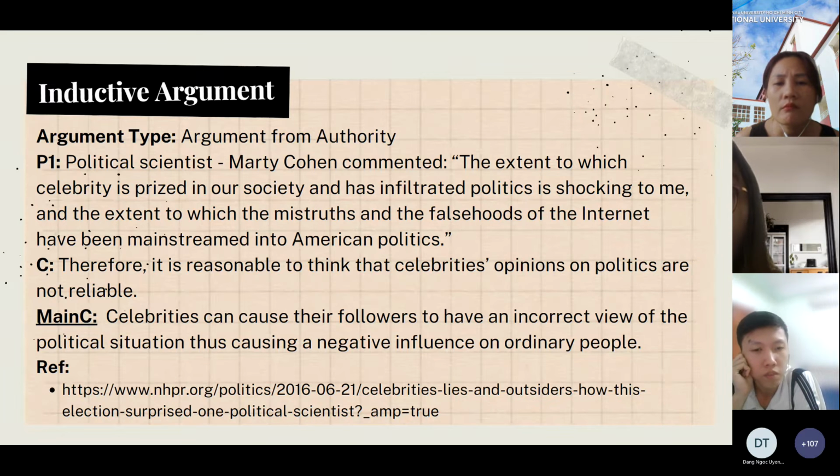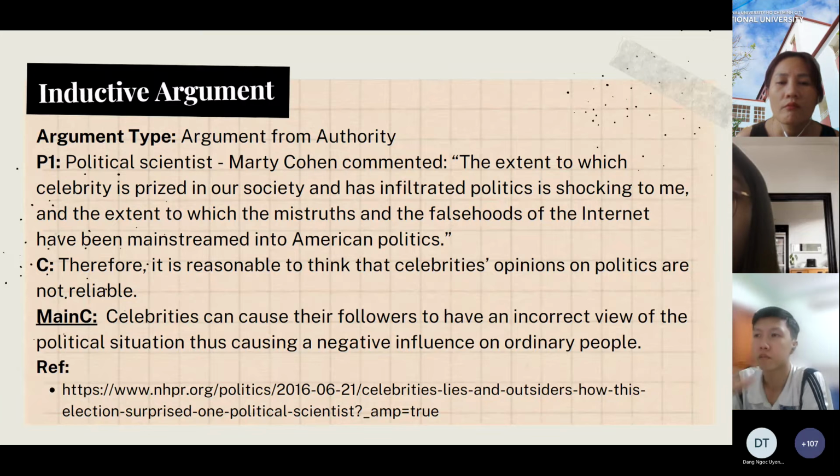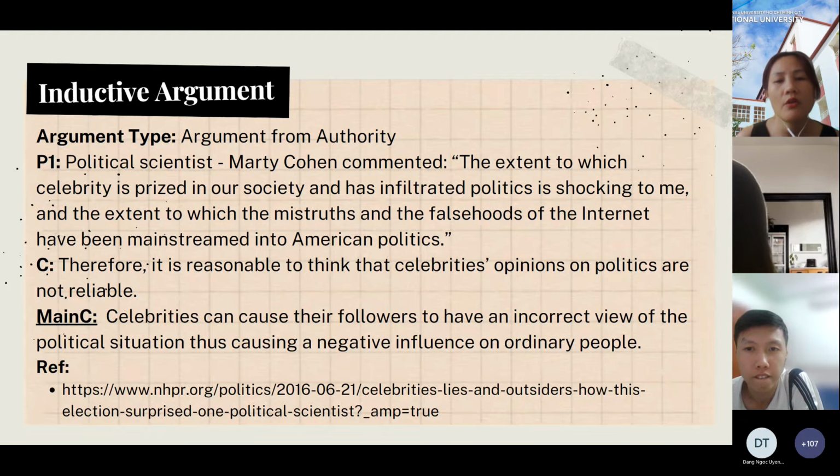He carried out this research and found out the extent to which celebrities have infiltrated politics, and the percentage of mistruth and falsehood they are spreading to support their own political views, and how much that has influenced American politics at that time as well. So that is very good information for the authority, to support its reliability.